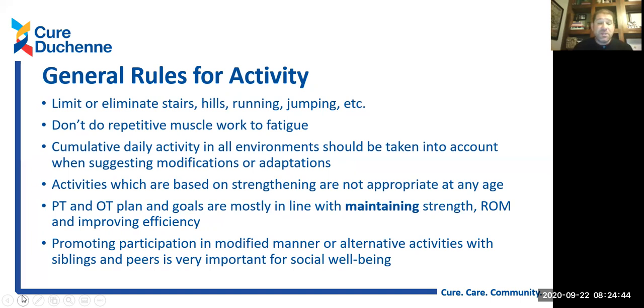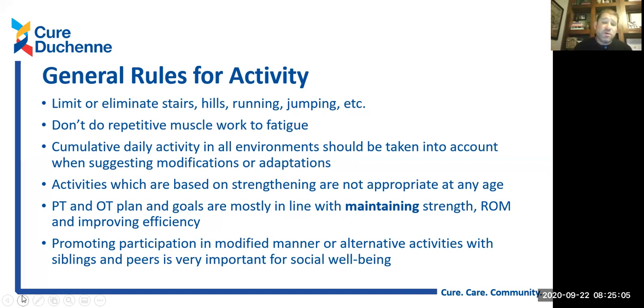So the PT and the OT plan and the goals are mostly in line with maintenance: maintaining strength, maintaining range of motion, and improving efficiency. So having them go places or do things without exerting as much activity.